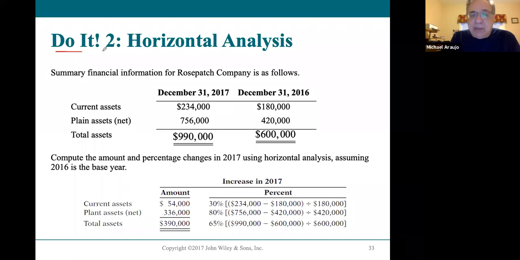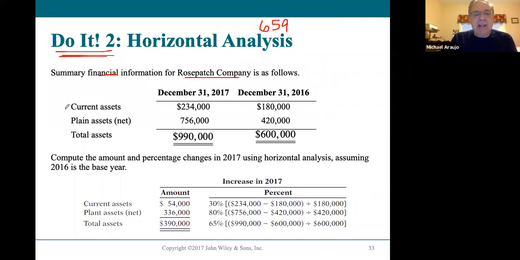And then the Do It exercise is listed here on page 659. So if you're in your book, you want to go to 659 to get the Do It exercise at the bottom. And the Do It exercise at the bottom is actually short, which is good. This is some information regarding a company called Rose Patch.